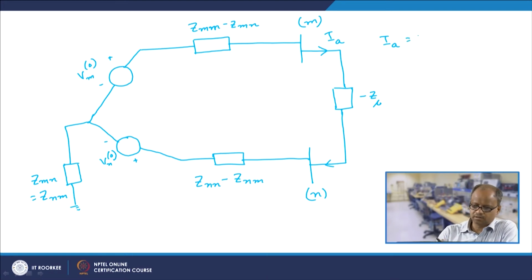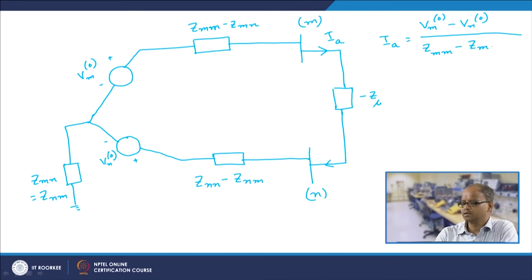Now I have to solve for this current I_A in this loop. The current I_A in this loop would be V_m0 minus V_n0 divided by Z_total, and what is Z_total?